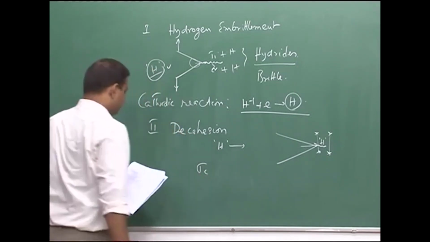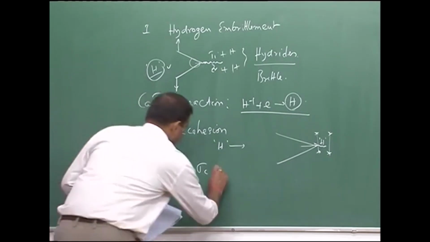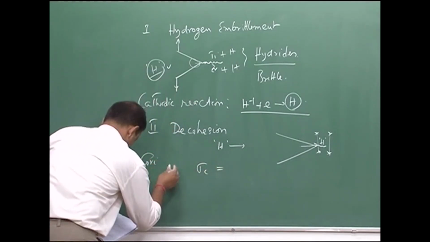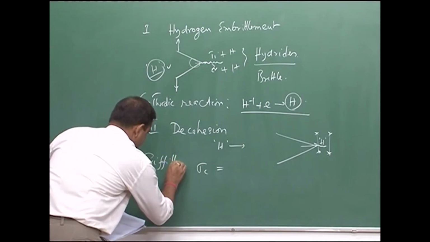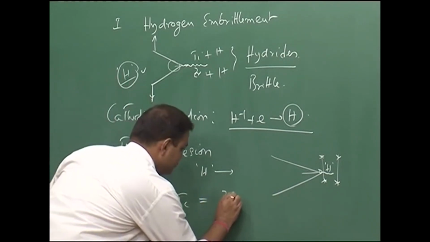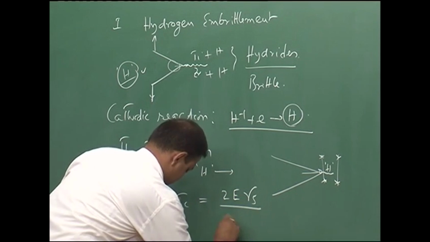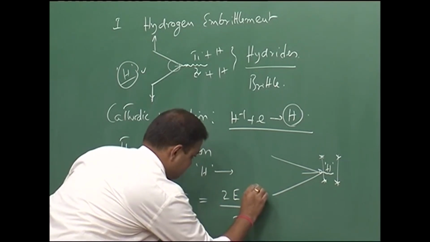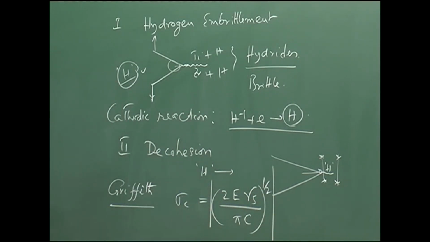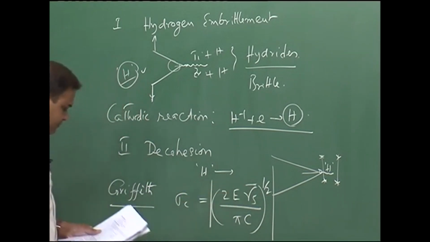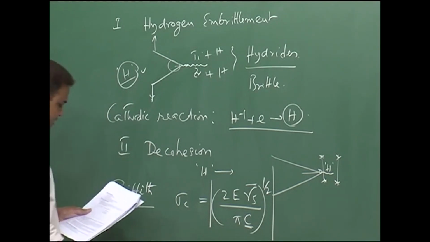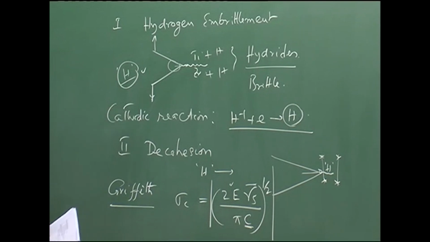So, if you consider the fracture stress, there is a relation, the Griffith relation, where fracture stress is related to this, where this is my surface energy, and C is basically half of the crack length, and E is the elastic modulus of the particular material.